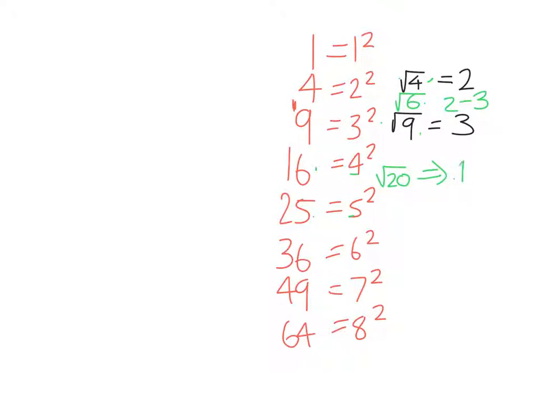So it'll be somewhere between 4 and 5. So we don't need to be able to come up with the square root of a non-perfect square off the top of our head. I want you to be able to tell me between which two integers, which two whole numbers it will lie.